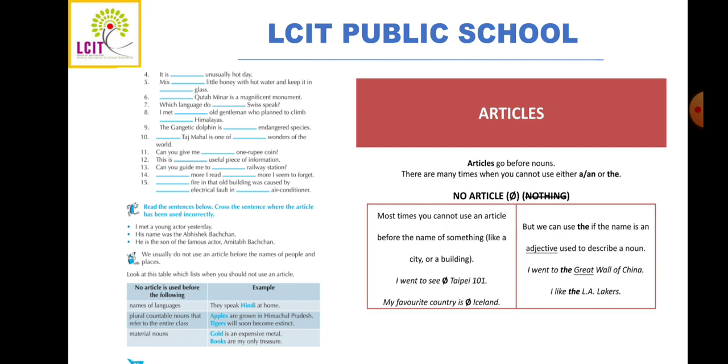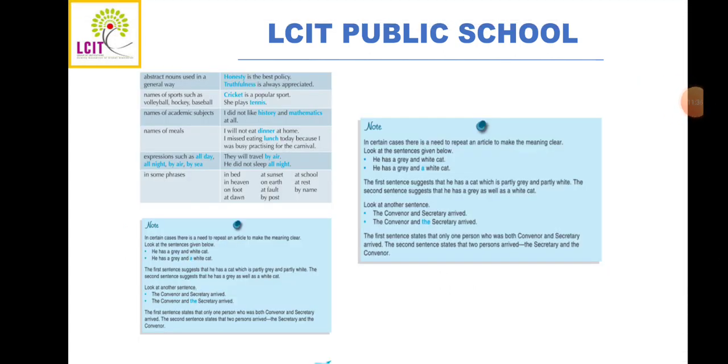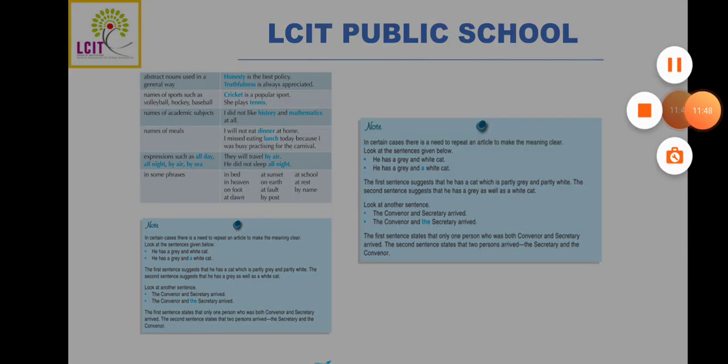So this is your chapter about articles. I believe that you all understand what this chapter is trying to teach us. So please learn this chapter again, and if you find any doubt in this chapter, contact us anytime, and we will reach out to help you so that it will be better for your future.